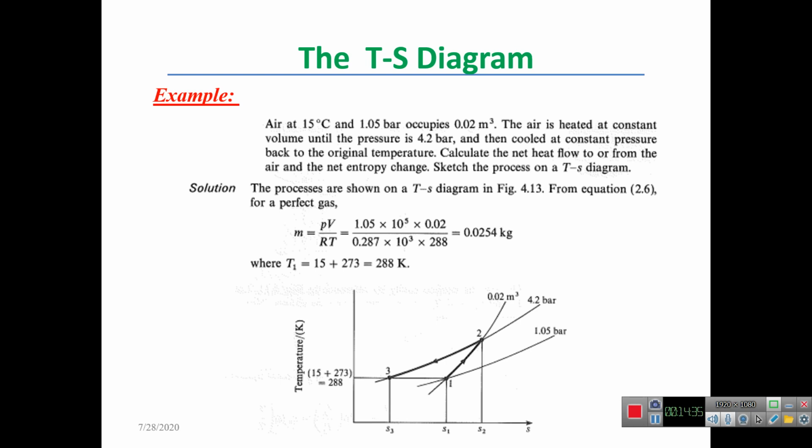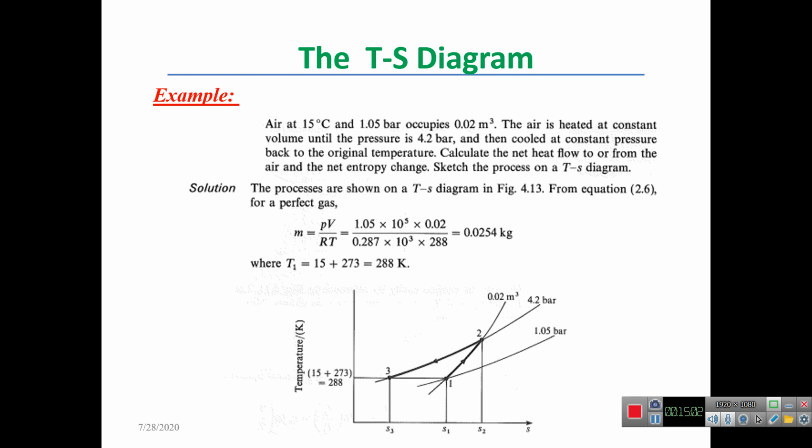Now, the basic unit of pressure in the SI system is Newton per meter square or Pascal. Now, the pressure here is given as 1.05 bar. So you need to convert this pressure from 1.05 bar as a unit into Newton per meter square or Pascal. And to do so, you multiply 1.05 times 10 to the power 5, as we can see in the equation.